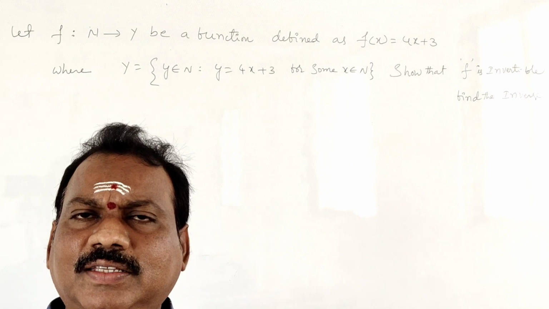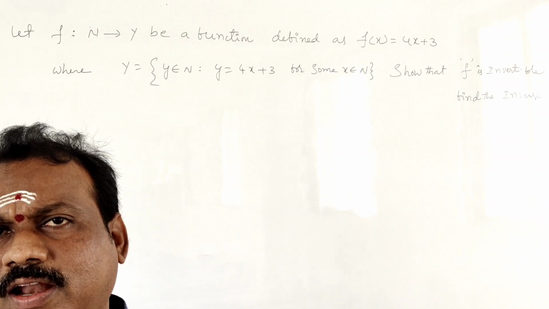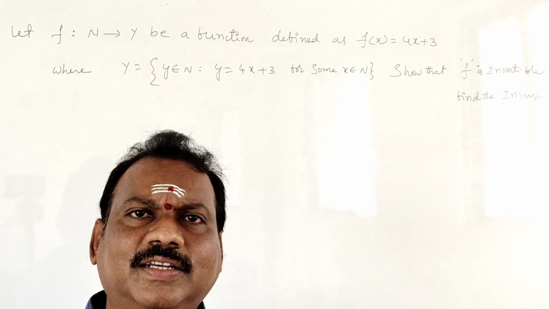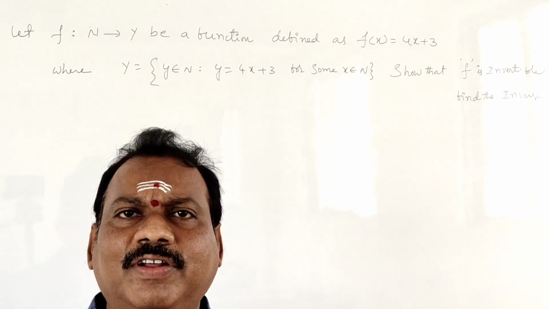G circle f means you have to take the domain of f. F circle g means you have to take the domain of g. If these two are possible, then f is invertible, and g is called the inverse of the function.